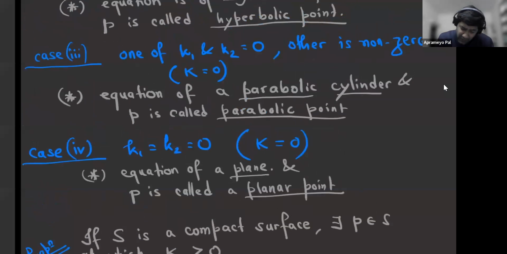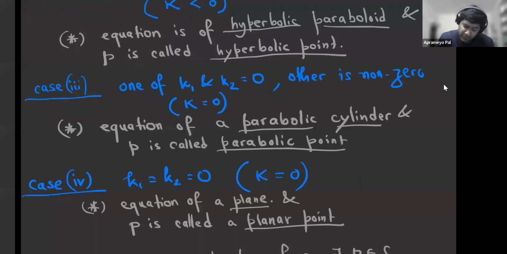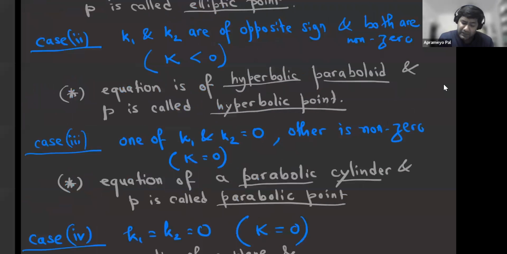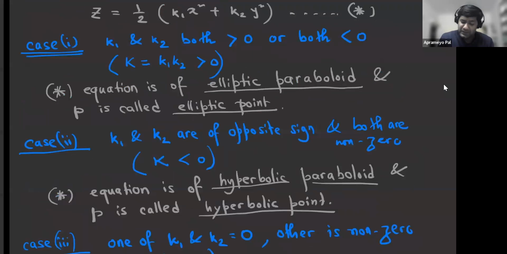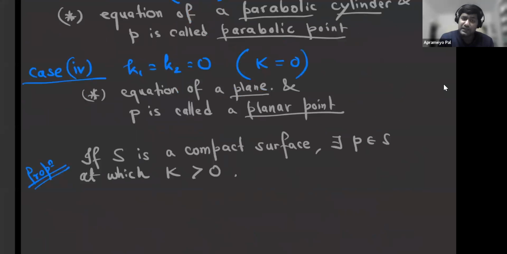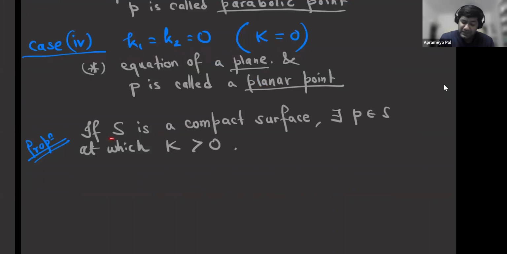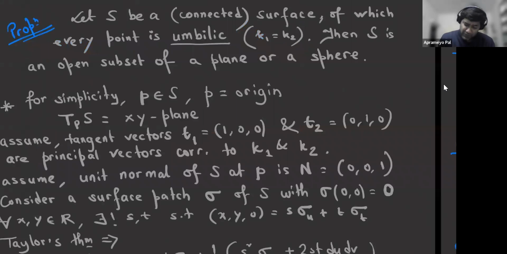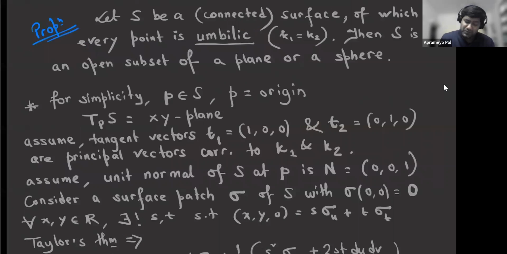Let's see the cases of positive Gaussian curvature: K is positive, and we term this an elliptic point. So essentially this proposition says that if S is a compact surface, you can always find an elliptic point. And just today I recalled another proposition from last lecture: for a sphere, kappa 1 equals kappa 2 equals some radius term, and the Gaussian curvature is positive.